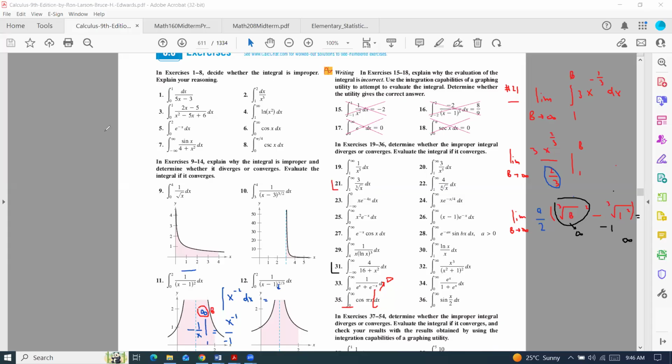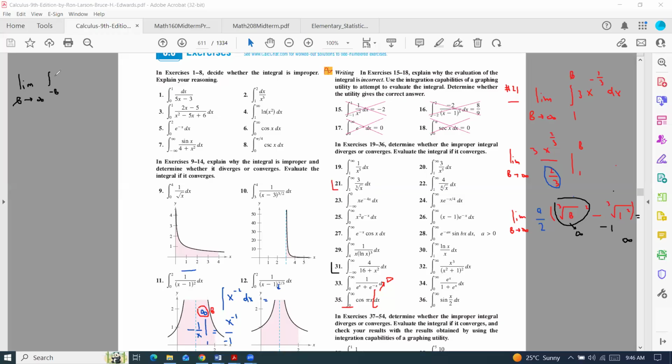So first of all, notice there are 2 infinities. So how can I work that out? Well, I can say that we take a limit when b goes to infinity, and now it's going to be integral from minus b to plus b.